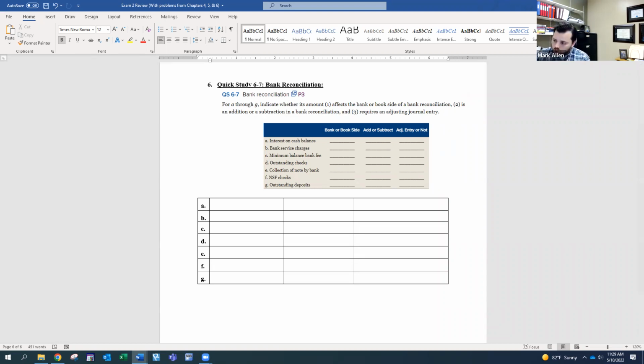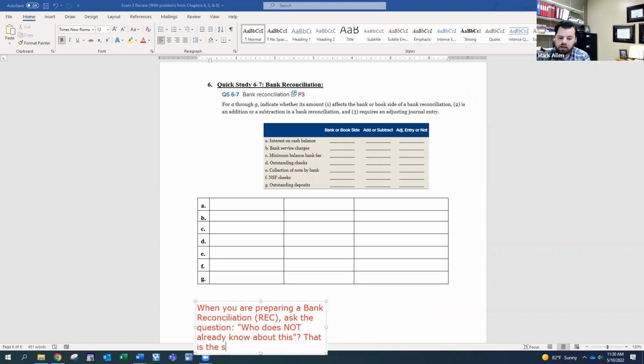Now, the rule that I want you to use, and if you have me in class, you've heard this rule over and over and over, is when you are preparing a bank reconciliation or a bank rec, ask the question, who does not already know about this?